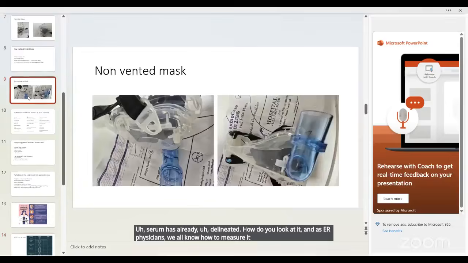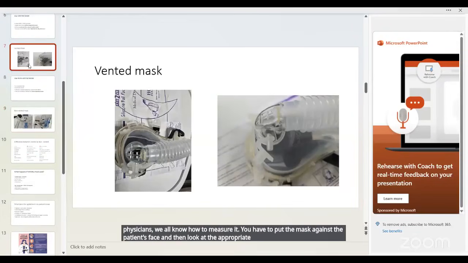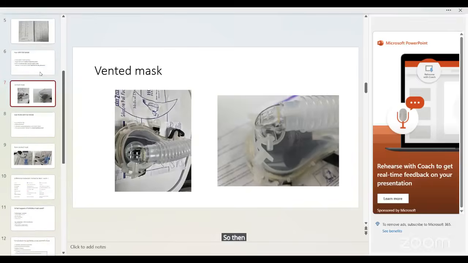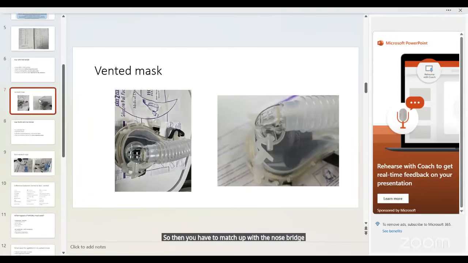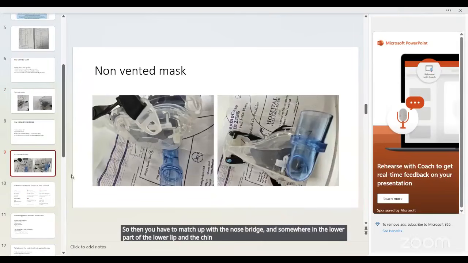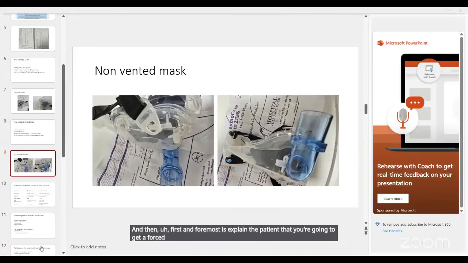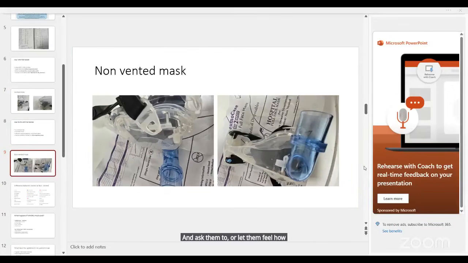You have to put the mask against the patient's face and look at the appropriate size. You have to match up with the nose bridge, and the bottom should rest somewhere in the lower part of the lower lip and the chin. First and foremost, explain to the patient that they are going to get forced air, and then ask them to just put the mask against their face without any fixation, and let them feel how the air is going to come inside.